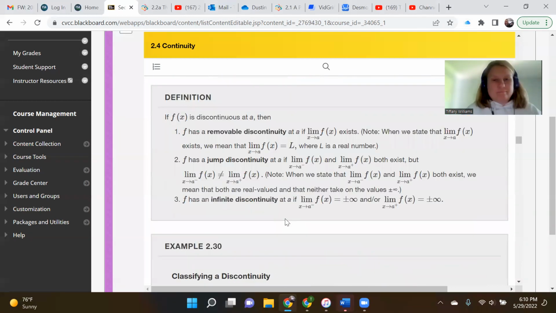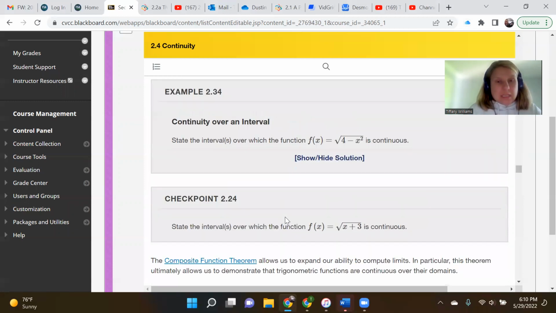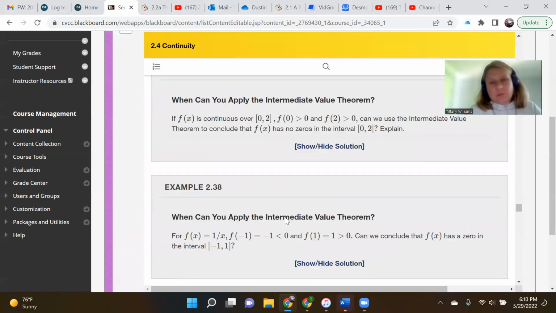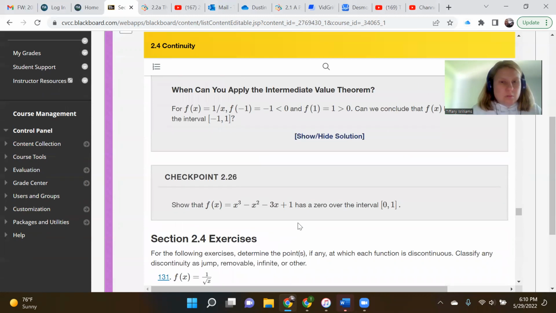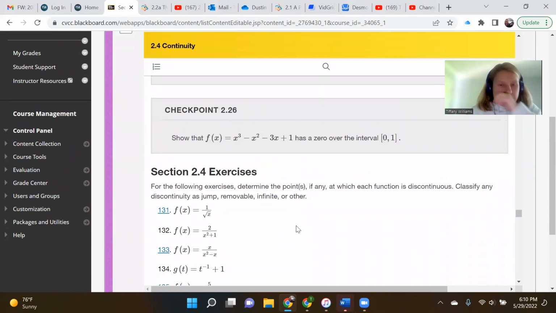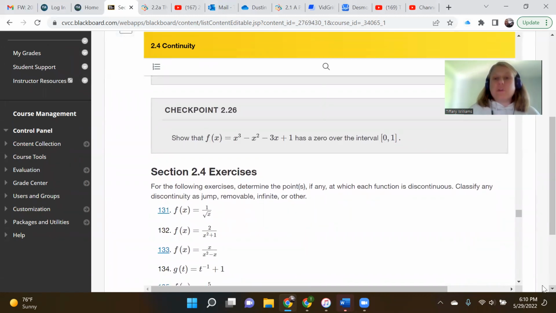All right. So let's look at example number 131. For the following exercises, determine the points, if any, at which each function is discontinuous. Classify the discontinuity as jump, removable, infinite, or other.